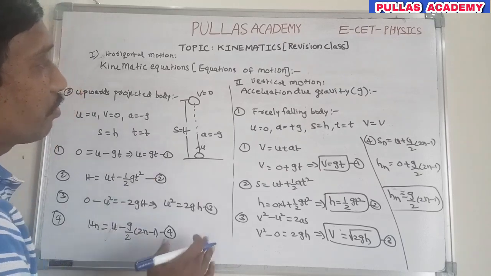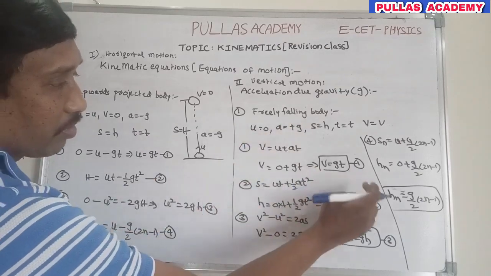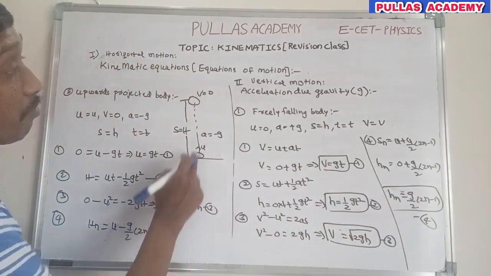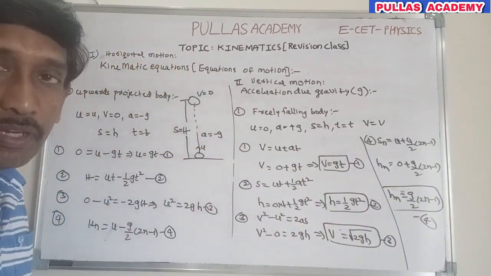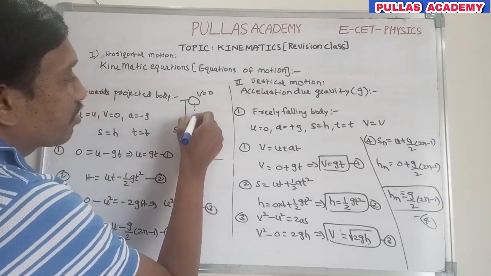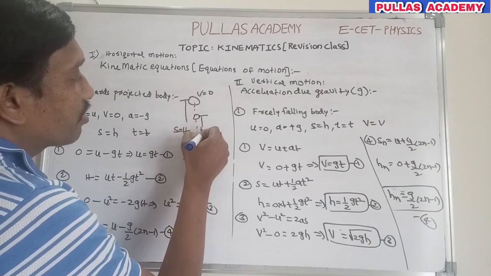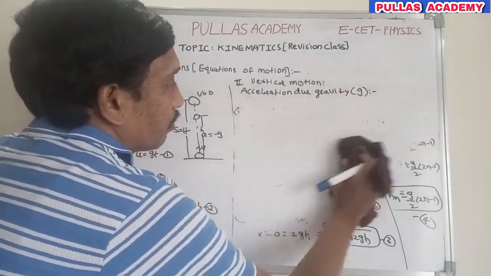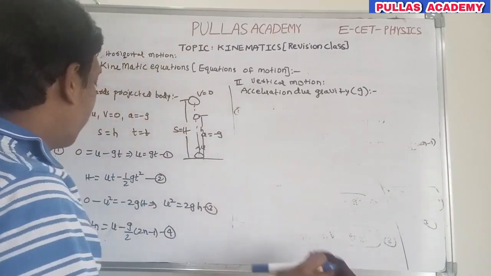So these are kinematic equations 1, 2, 3, 4 for a freely falling body, and for an upwards projected body when it reaches the maximum height. Otherwise, if it does not reach the maximum height, it reaches a certain height small h. In this case, you need to understand these kinematic equations.